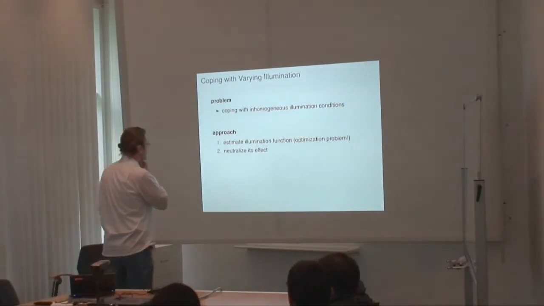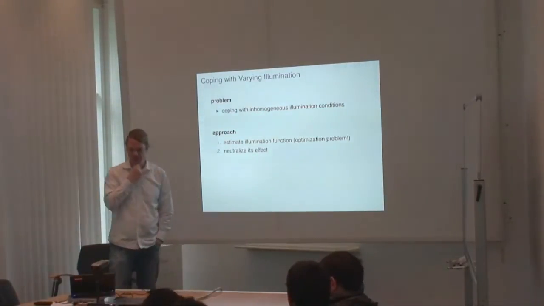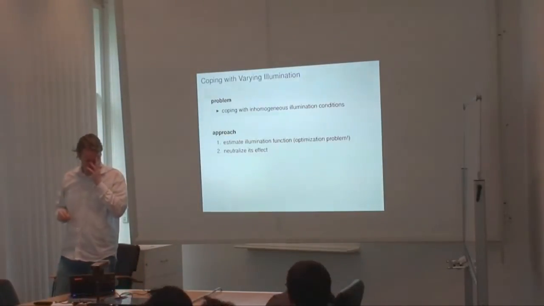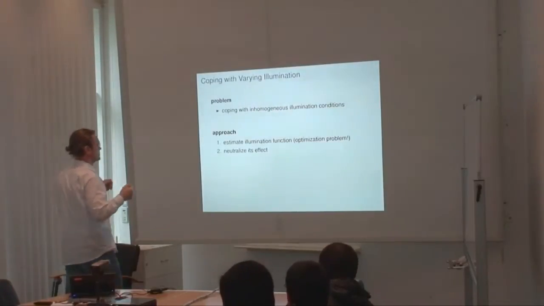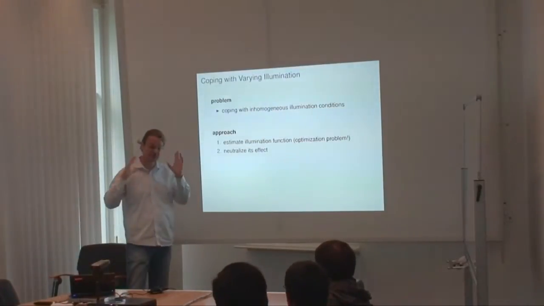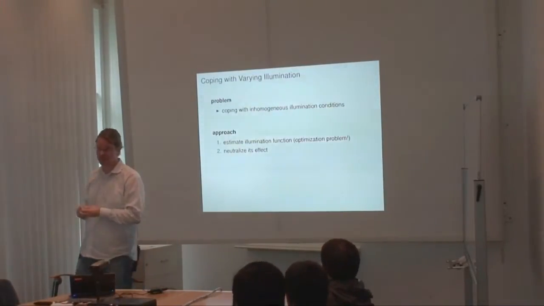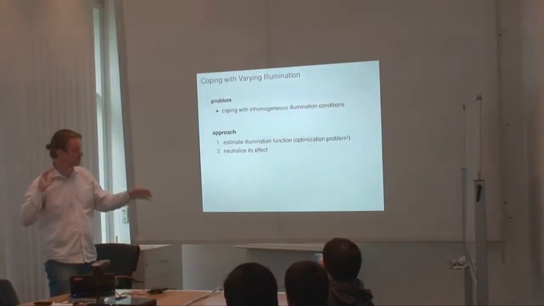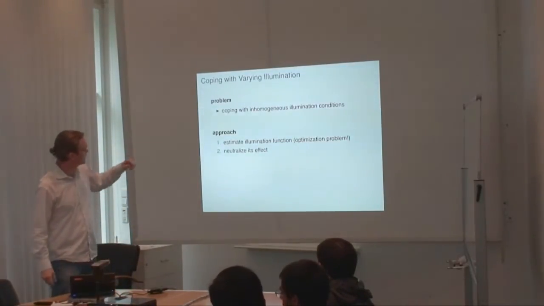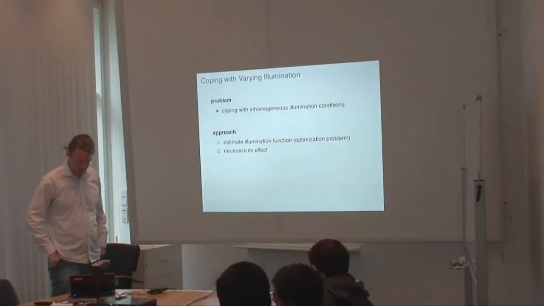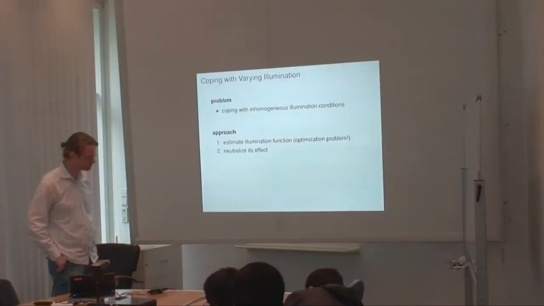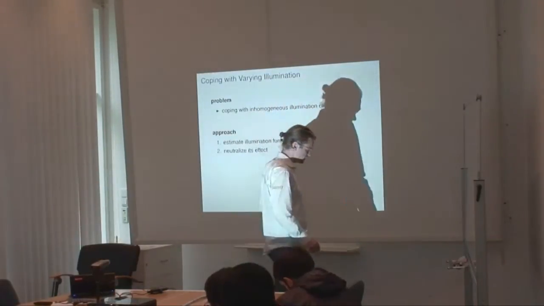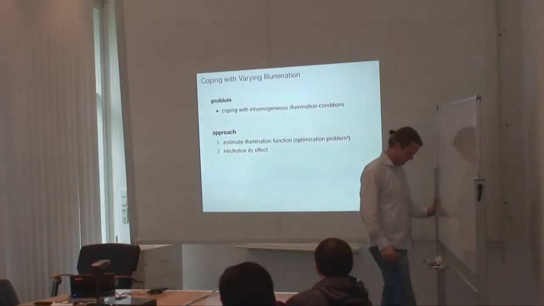And the approach we are going to follow is that we will try to estimate an illumination function. And whenever I use the word estimate, we know that we are dealing with an optimization problem. And I told you that this semester is all about optimization. Once we have estimated that function, we may try to neutralize its effect. And let's see how that can be done.